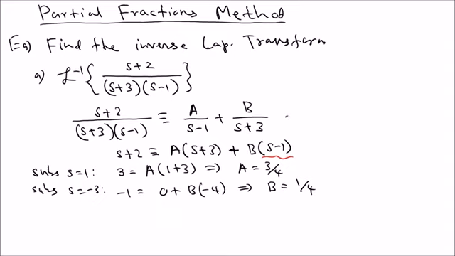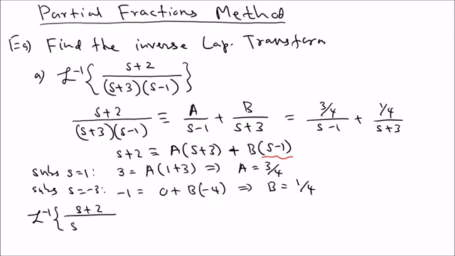So if you go back and substitute A equal 3/4 over s minus 1, B is 1/4 over s plus 3. Good, so we have those two. Now we can find the inverse. We can start with the inverse of s plus 2 over s plus 3, s minus 1, which is equal, by linearity, we can write this as two separate ones.